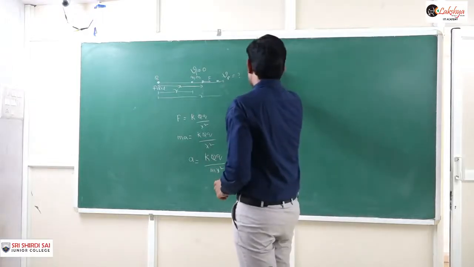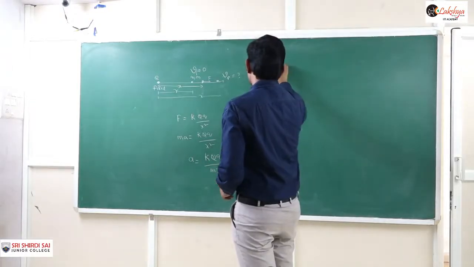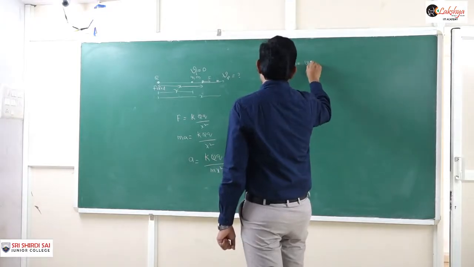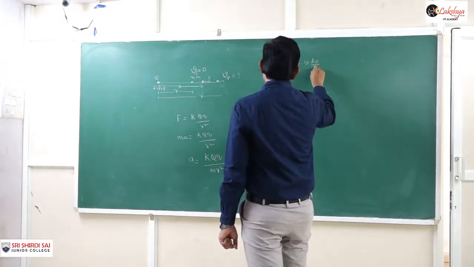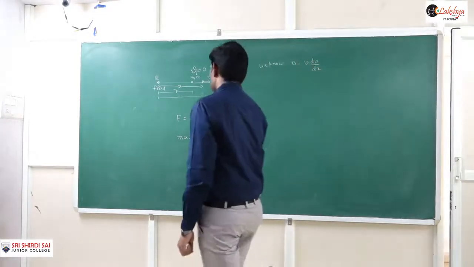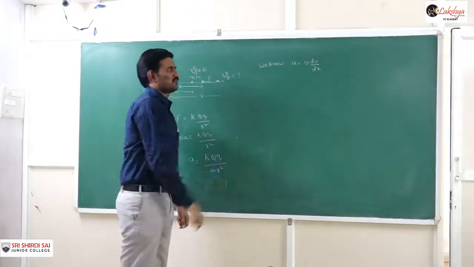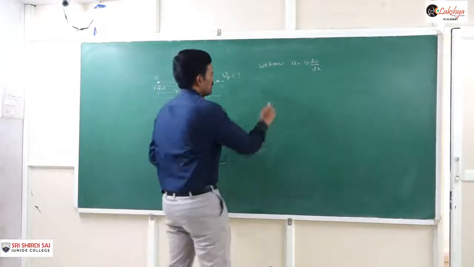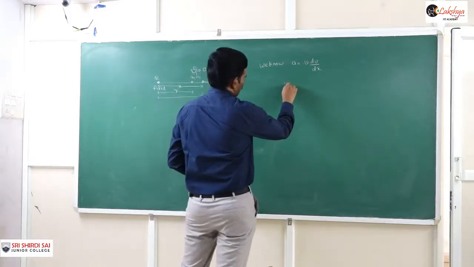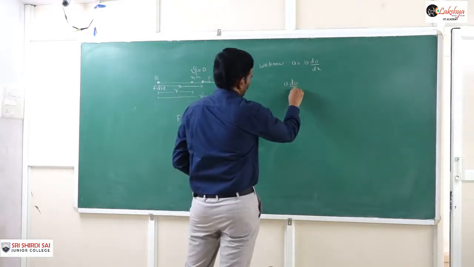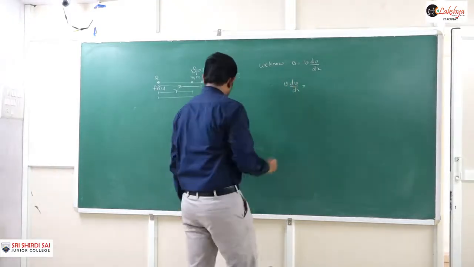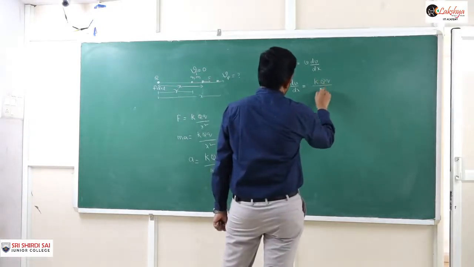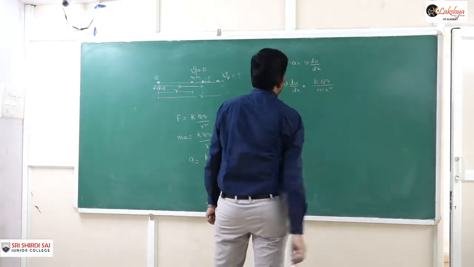We know that acceleration a can be written in terms of x as v into dv by dx. Generally we define it as dv by dt, but in terms of displacement we can also write it like that. Therefore, v into dv by dx is equal to K into capital Q into small q by m x square.